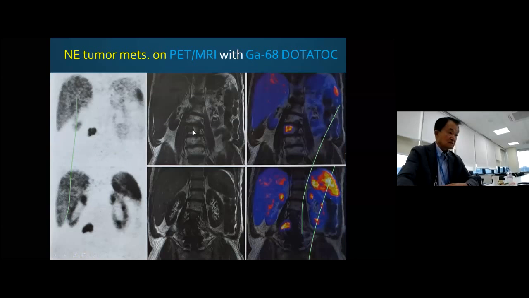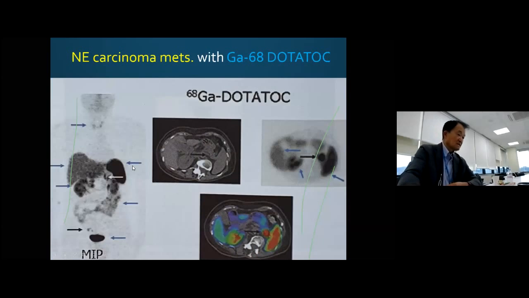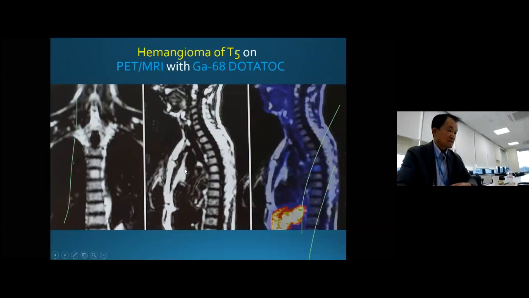Certainly you can see maybe in the bone, you can see here. Well, in the thyroid bed, you can see tumors. Yeah, I can see also tumors, but it's multiple and systemic.